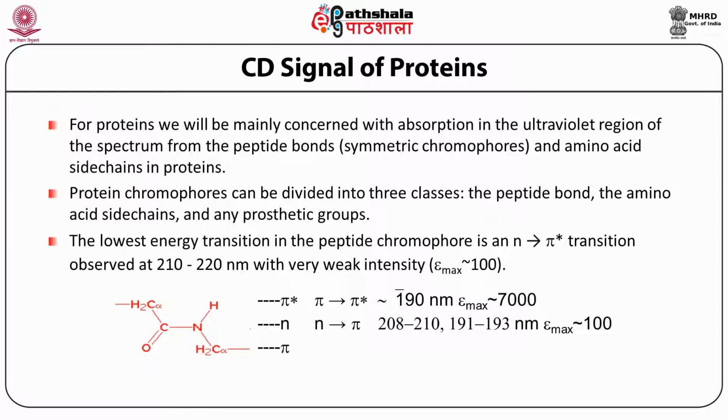You can see here the typical structure of a polypeptide chain, where the pi to pi star transition occurs around 190 nanometer and gives an epsilon max equal to 7000, and the n to pi star transition occurs around 208 to 210 nanometer, 191 to 193 nanometer, and its epsilon max value is around 100. If you have all these ideas, then you will be able to understand the significance of CD data and analysis of the CD data further.